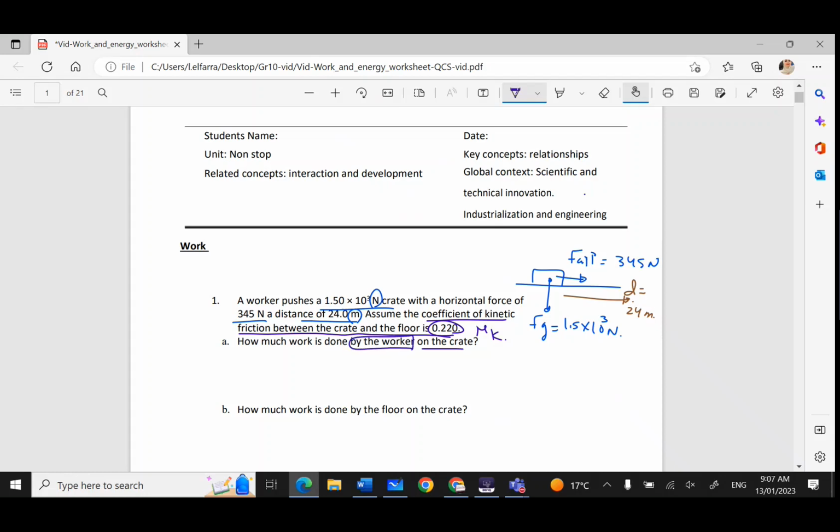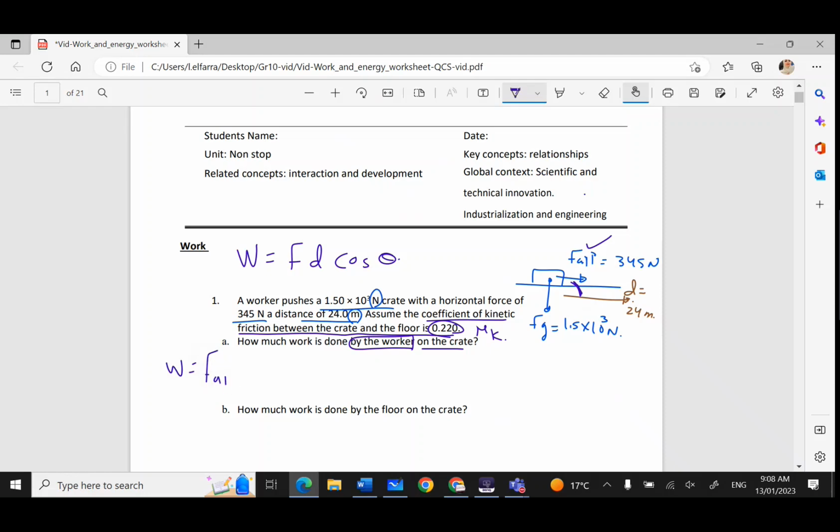The worker, this is the force that has been applied by the worker. So if I'm going to use this formula, W equals F d cosine the angle theta. The applied force and displacement are in the same direction. The angle between them is 0.